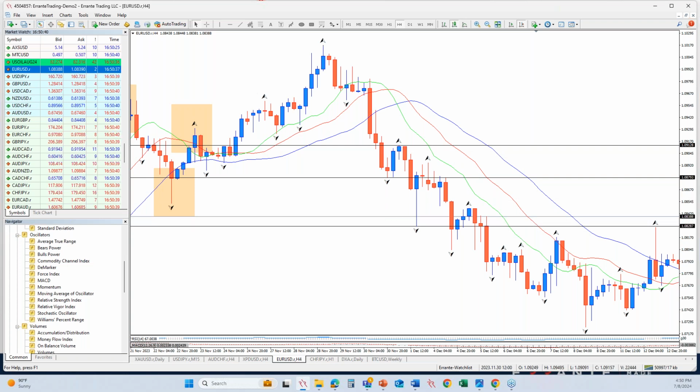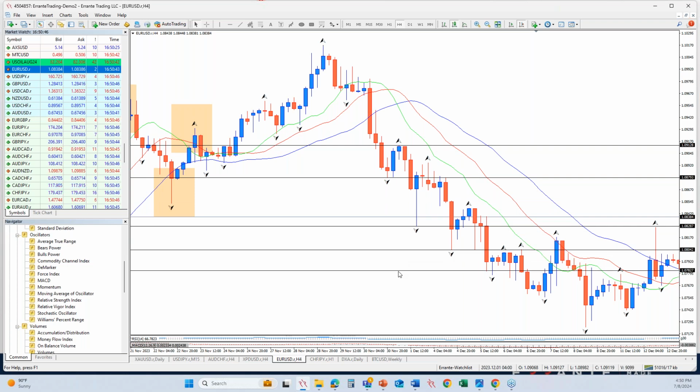So if you plot them, it's the easiest way to mark, let's say, the market pivot points.